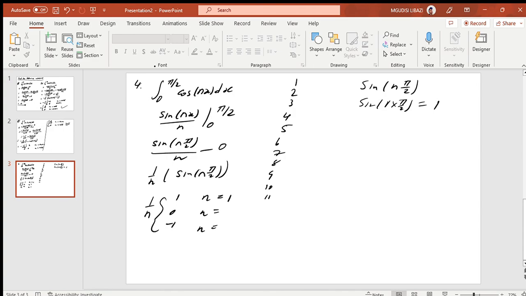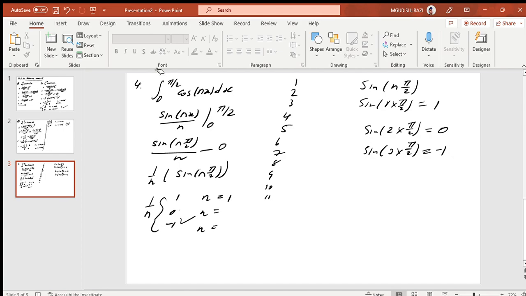Then if we substitute sine of 2 multiplied by pi over 2, which is an even number, we get 0. That's the 0 in the middle. And then if we substitute sine of 3 multiplied by pi over 2, we get -1.